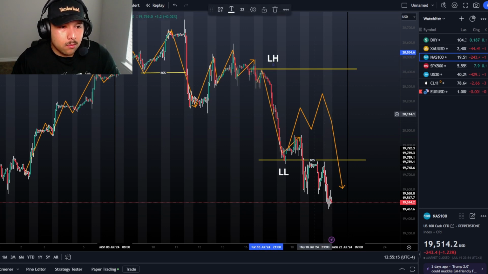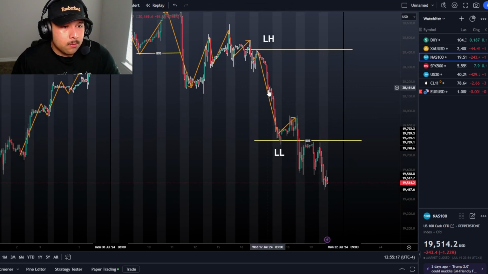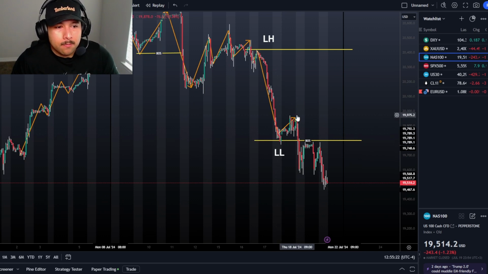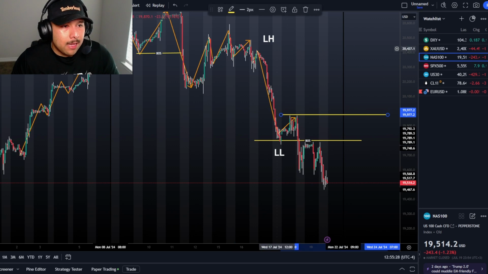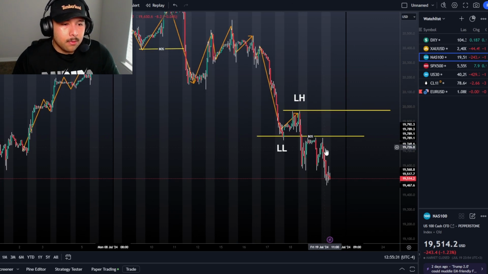But in this instance, what happened? Price came down and created a new lower low. What is this right here? It's nothing until it breaks this structure, therefore validating it as a lower high.